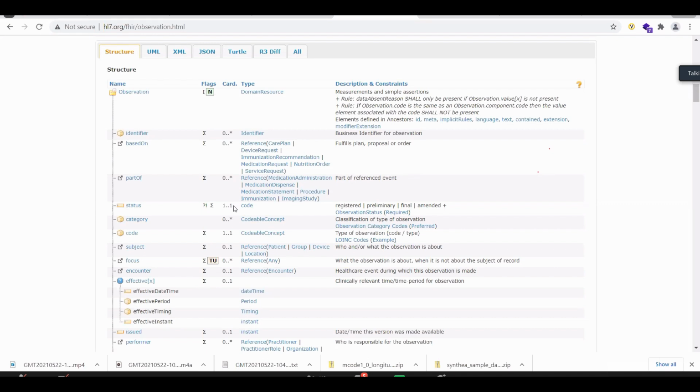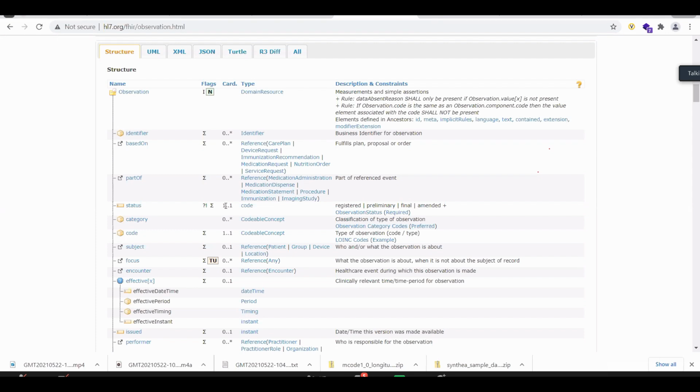There is no way you can omit status in an Observation resource. So that is what is required. Whenever an attribute has a cardinality of 1..1, it means exactly once. You can also have 1..*, which means you are required to give it at least once, and you can give it multiple times. So any attribute whose minimum is 1 is a required attribute.